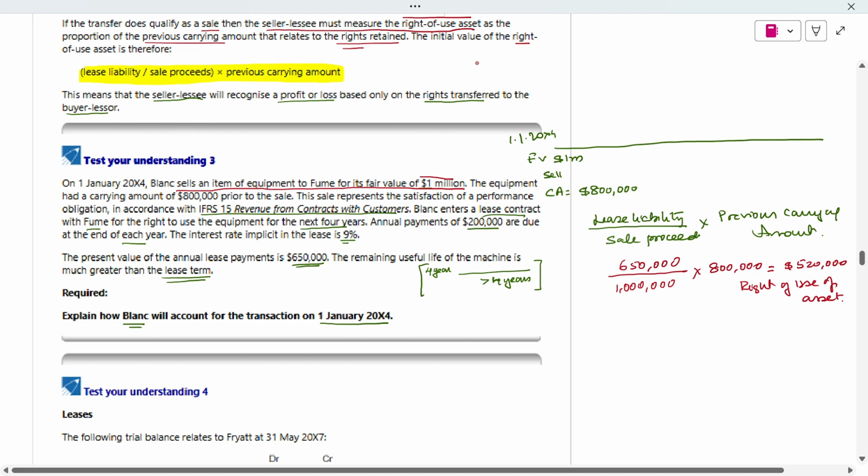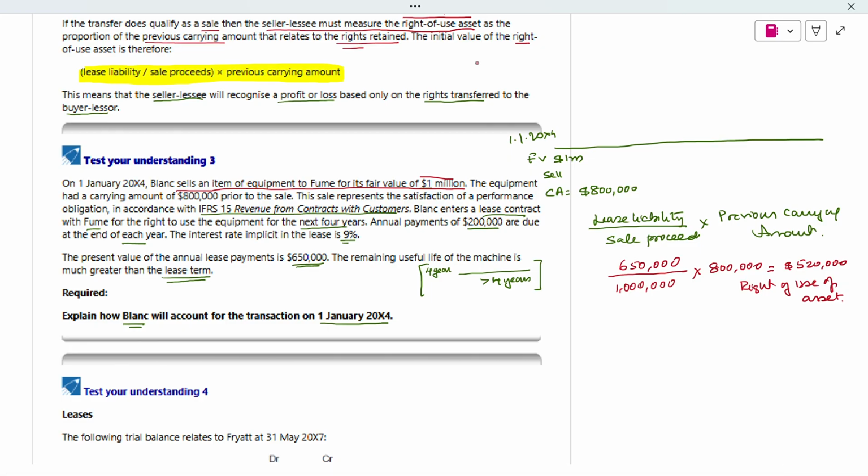If you sell the asset, you will get cash. What is the value of the asset you have sold?